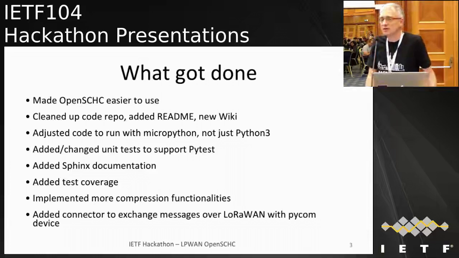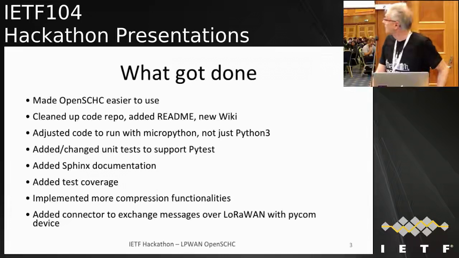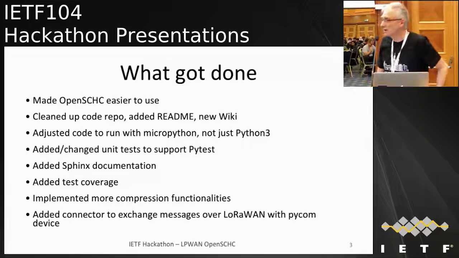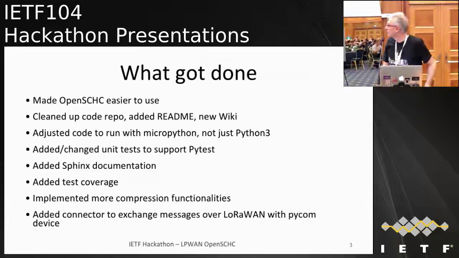The code is meant to run in Python 3 and also on MicroPython for microcontrollers, but it had mostly been developed on Python 3, and so we fixed the code so that it can now run on MicroPython. We achieved that. We added tests. We added the PyTest infrastructure so we can run unit tests on all the modules.